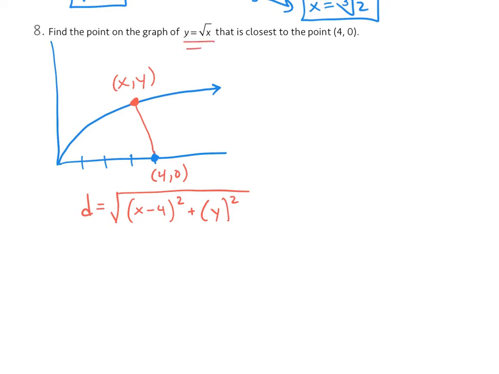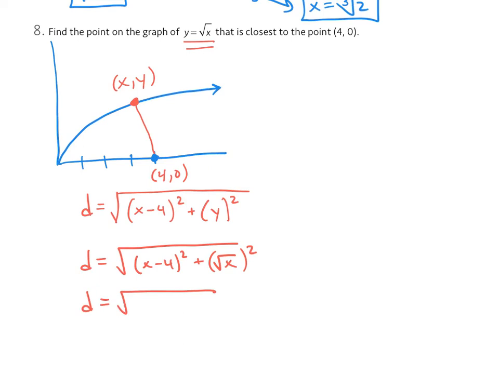Now, we know that y is equal to the square root of x, so we can plug that in and get that d is equal to the square root of x minus 4 squared plus the square root of x, quantity squared. Taking that a little further, I can simplify this to the square root of x squared minus 8x plus 16 plus x, and then finally d equals the square root of x squared minus 7x plus 16.